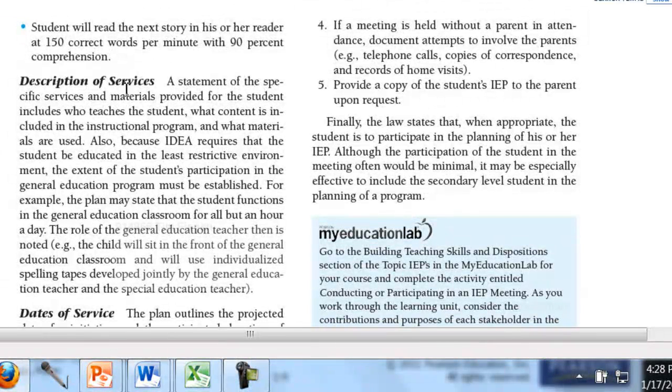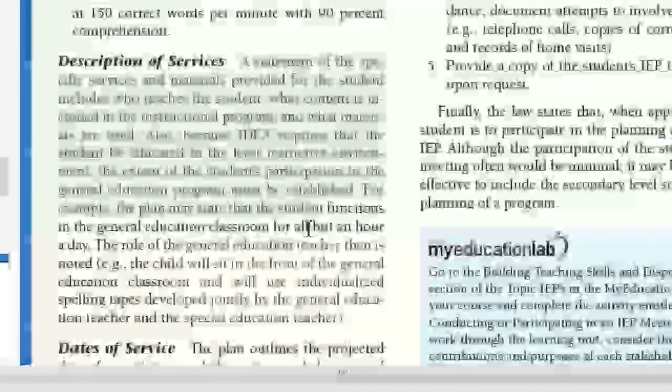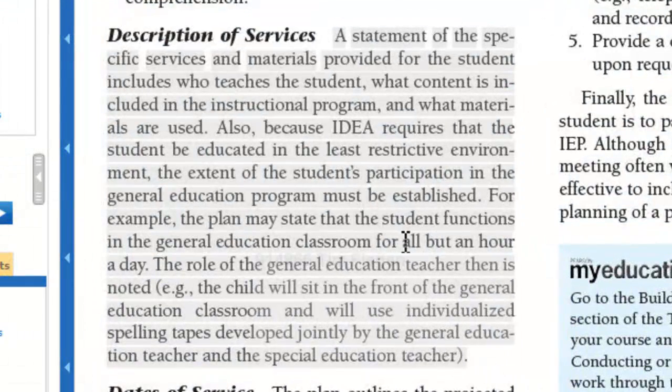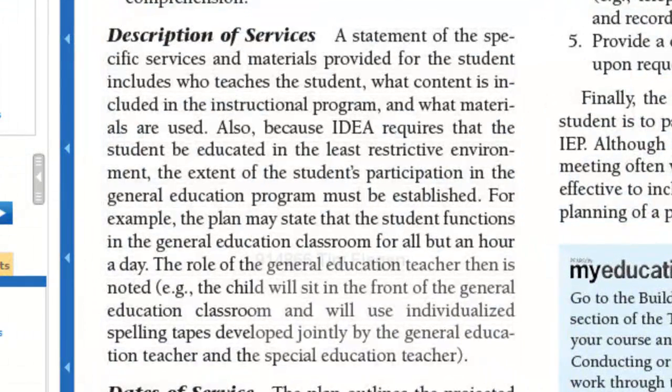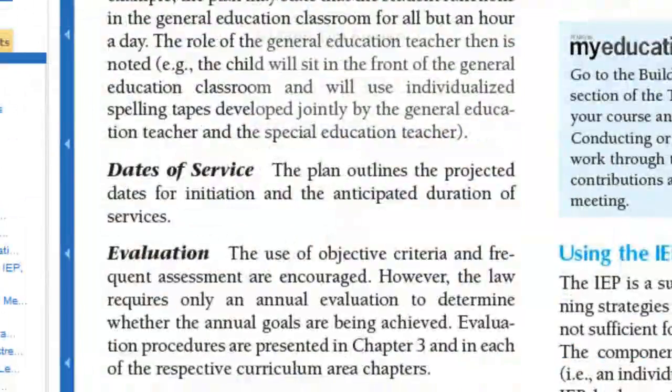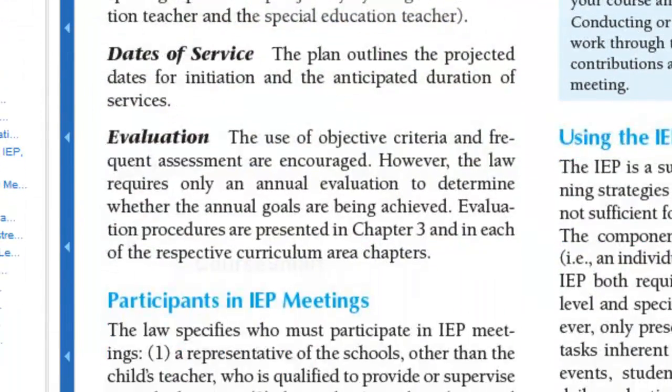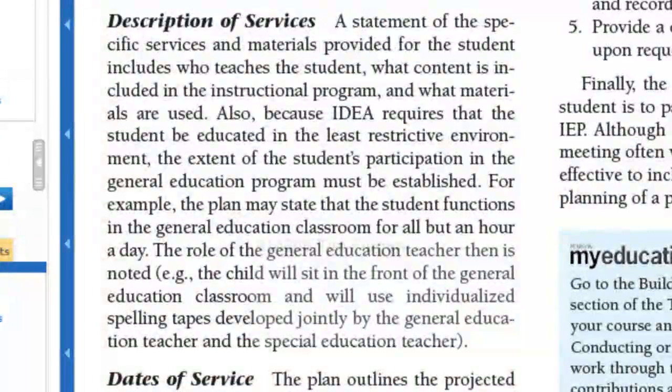Here's a description of the services in your textbook. Dates of service, evaluations. Okay. Statement of specific services and materials provided for the student includes who teaches the student, what content is included in the instructional program, and what materials are used.